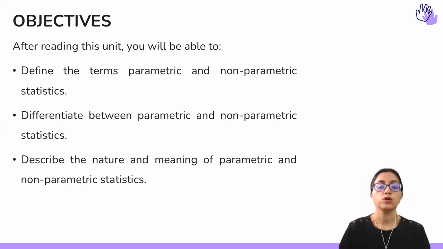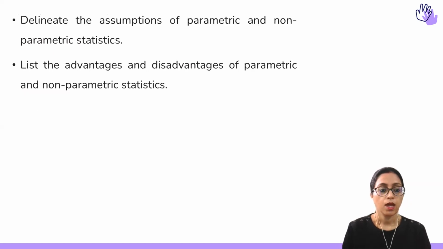We will also study the nature and meaning of both, the assumptions of parametric statistics and of non-parametric statistics, and the advantages and disadvantages of each. So these are some of the objectives of this unit.